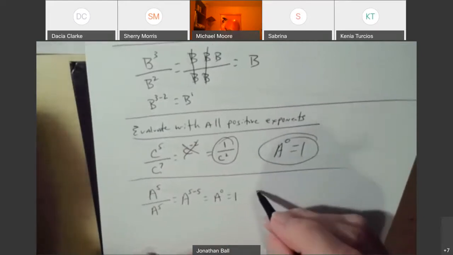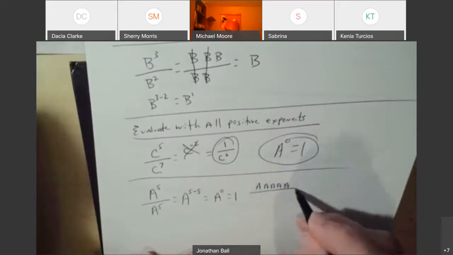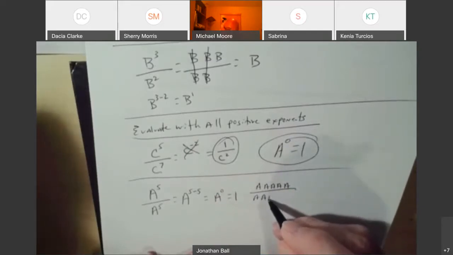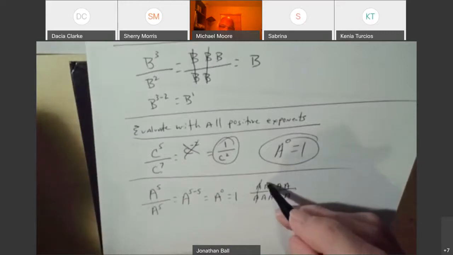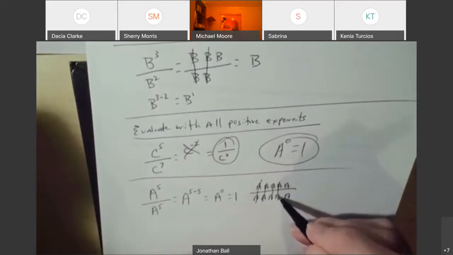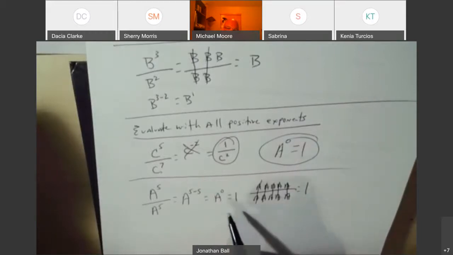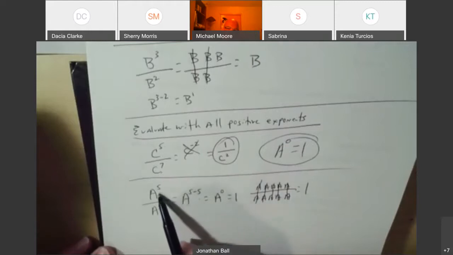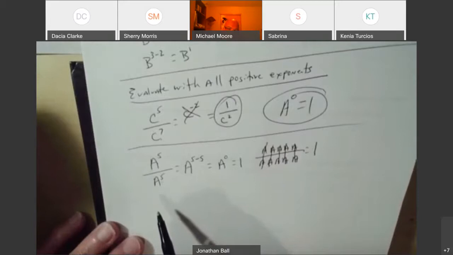Or you can think of it like this: a times a times a times a times a over the same five a's. Any number divided by itself is 1. These are exactly the same numbers, so the answer is 1.